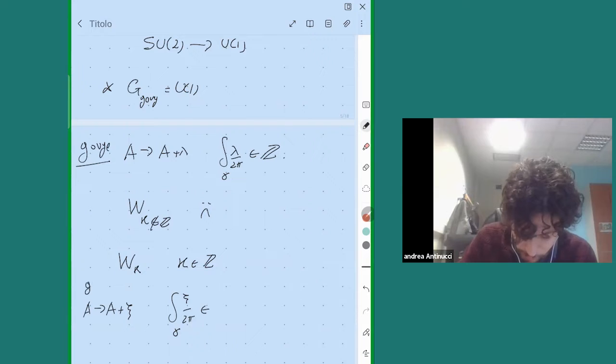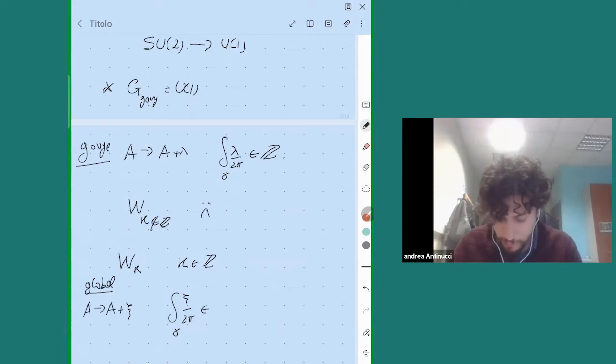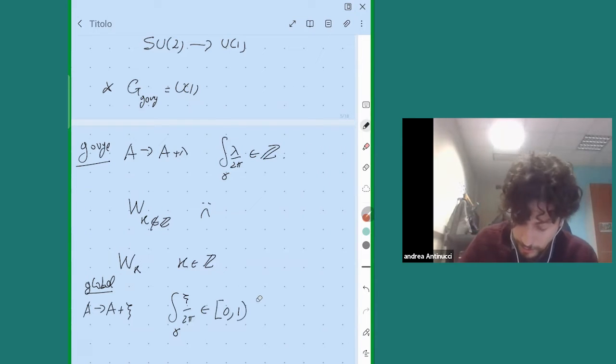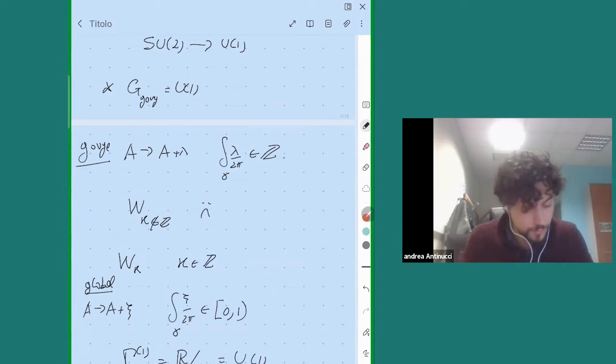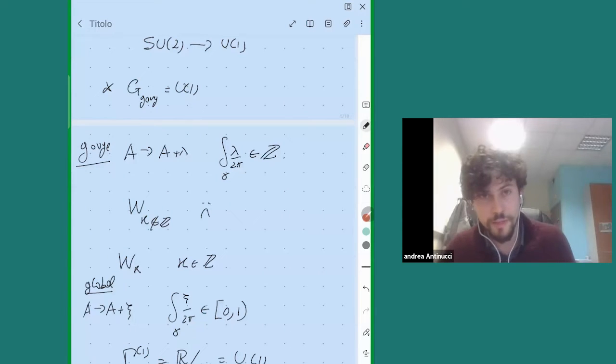Now a global transformation is such that this belongs to the interval 0, 1. And therefore the one-form symmetry becomes compact, becomes R over Z, which is what is also called U1. Okay, so this is a different global structure of the same theory.